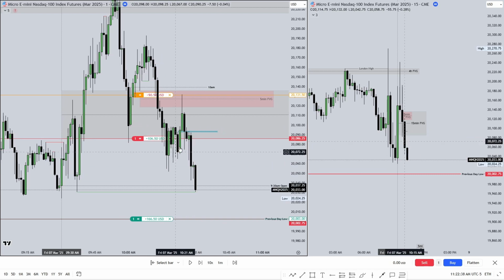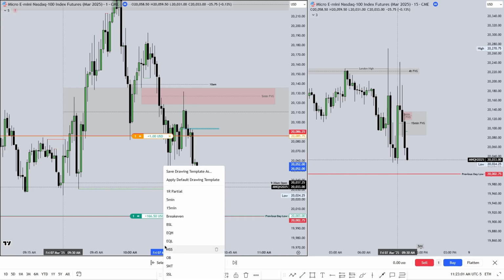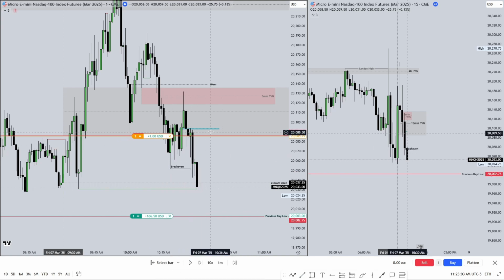And then you can see at the close of this candle right here, and on this 15-minute time frame, this gave me really a lot of confidence that my targets were going to be hit. So at this point, I can move my stop loss to break even because once we swept this low right here, for me, that was a good break even point. I didn't want to see a sweep of that low and then trade all the way back higher right here.